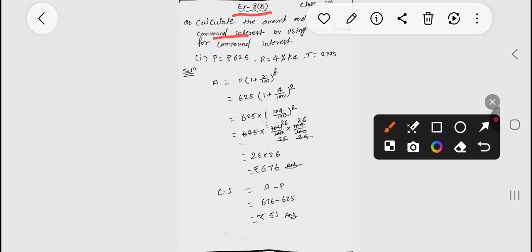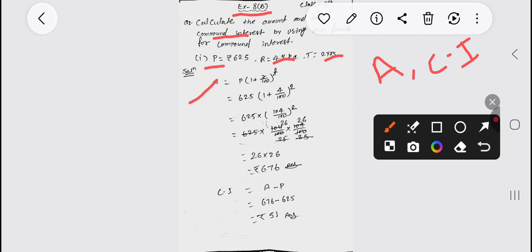In this question, the first question is principal 625 rupees, rate of interest is 4% per annum and time is 2 years. First we have to calculate the amount, then we will calculate CI, meaning compound interest.